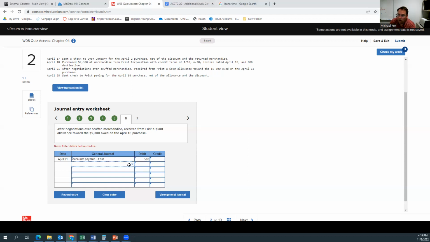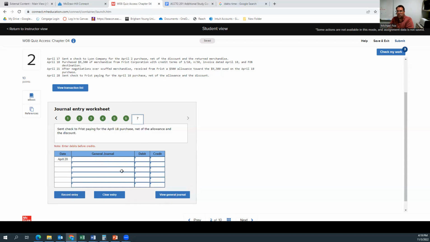And again, the cost of our inventory is going down, so we're going to credit merchandise inventory. Now, in this case, we're not getting rid of inventory. We're not sending it back. But remember, this amount is our cost. So because they gave us 500 back, we're going to say that inventory cost us 500 less than what we had originally recorded.